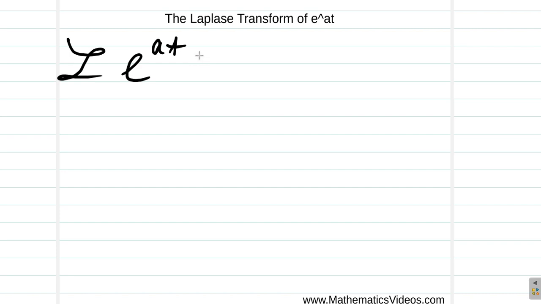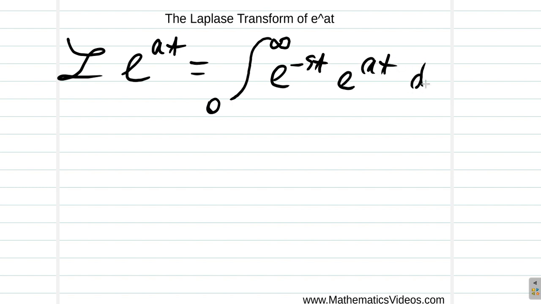So the Laplace transform of e to the at. Generally, the Laplace transform of any function is the integral from 0 to infinity of e to the negative st times the function, in this case e to the at, dt.